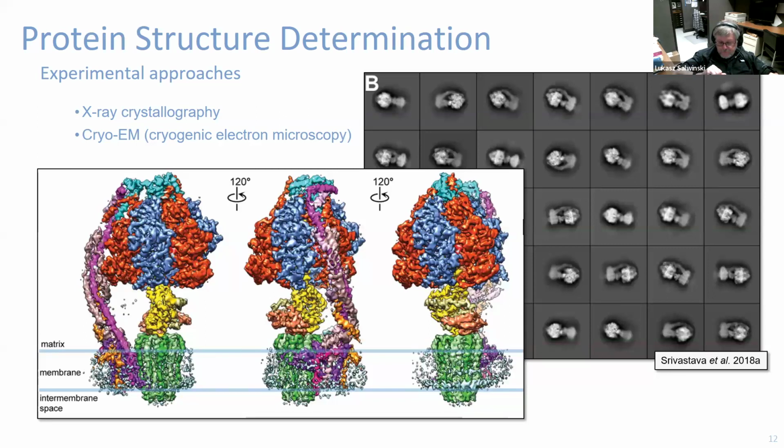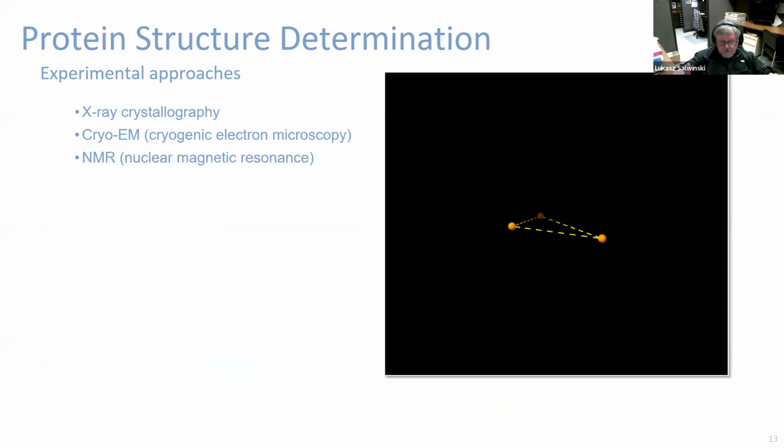Now, those are the two methods that rely on measuring the positions of the atoms in space. In both cases, you're going after the XYZ coordinates of a given atom. The third structural method, NMR, is not going initially after positions, but is going after distances.